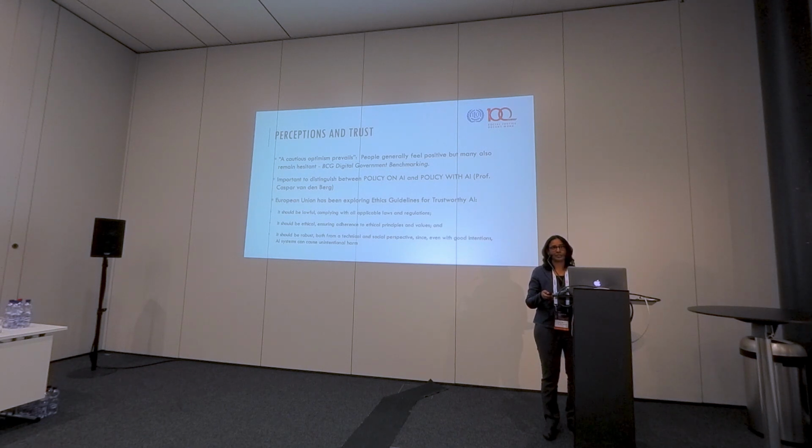Now, there's a larger ethical issue with regard to it, and that's why the European Union has been exploring ethical guidelines and trustworthy AI: that it should be lawful, complying with all applicable laws and regulations, it should be ethical, and it should be robust, both from a technical and a social perspective. It should be with good intentions, and it should not have any unintentional harm.